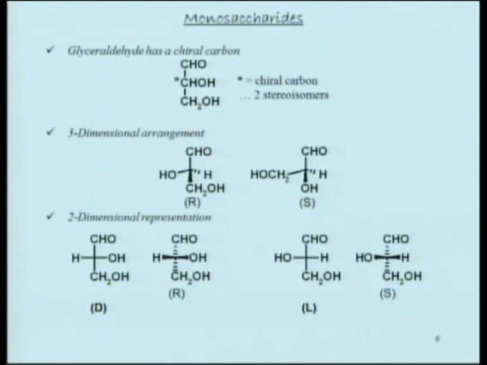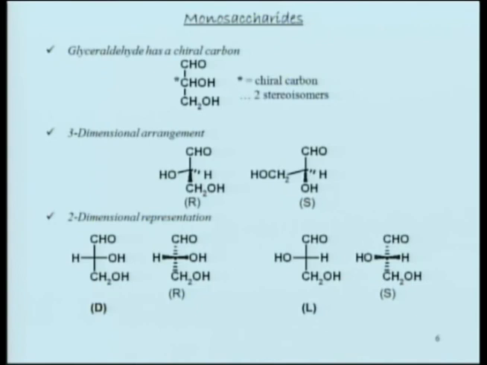Okay? Now, to address the point about plane polarized light. In essence, chiral molecules rotate the plane of polarization, right? You all know that. So, R and S have nothing to do with plane of polarization, have nothing to do with the rotation.